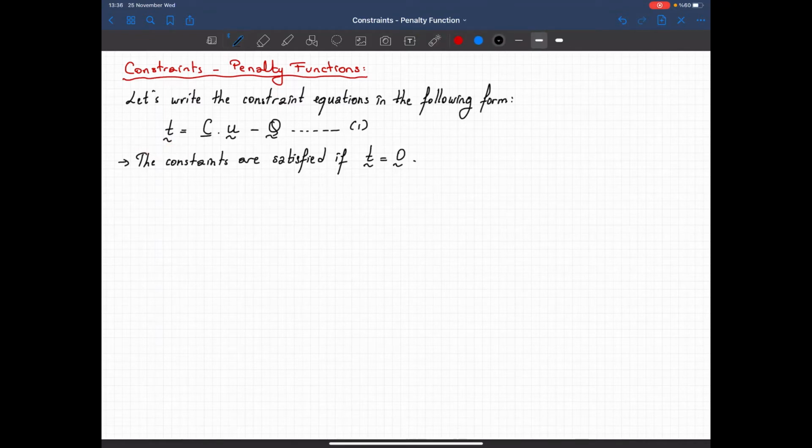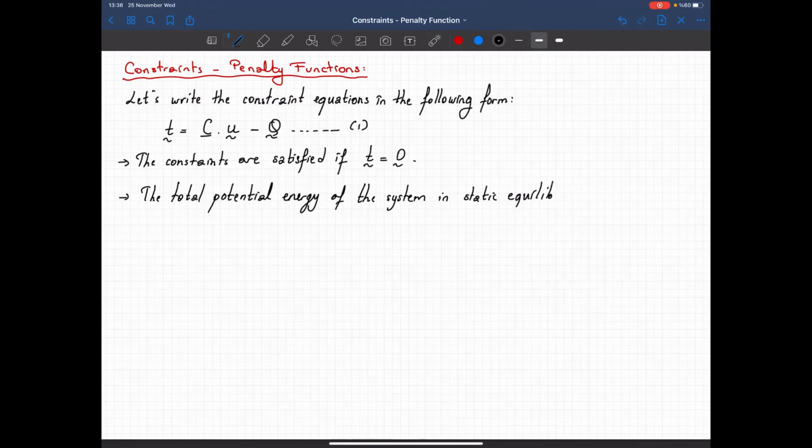Now, let's write the total potential energy of any structure in static equilibrium. I will write it in matrix form.